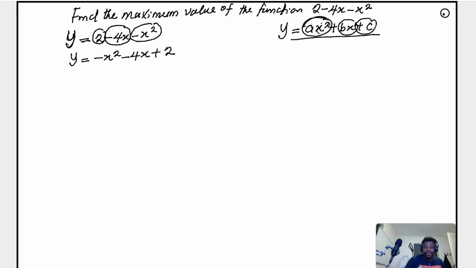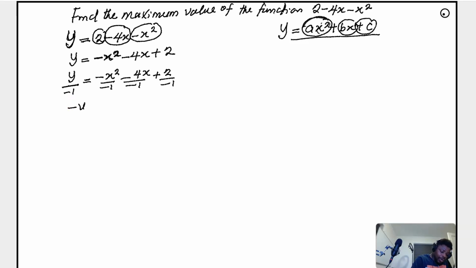So now, we can start. You see here that the variable having the highest power is having minus. Whenever you have a case like that, divide through by minus 1.